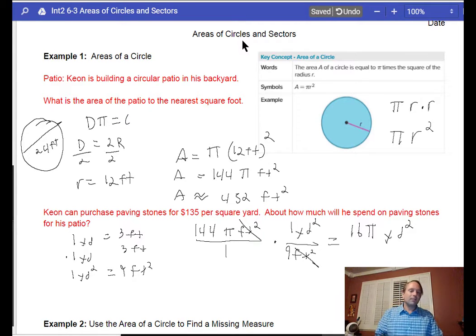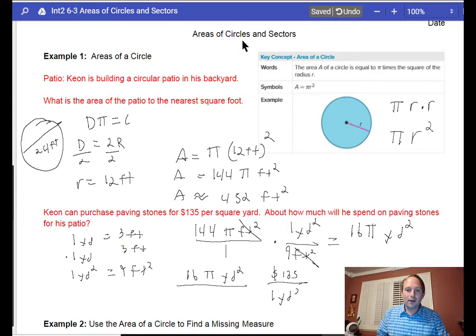All right, so what I do is I take this now. I'm going to have 16 pi yard squared. And I know that it's $135 per 1 yard squared, or 1 square yard.